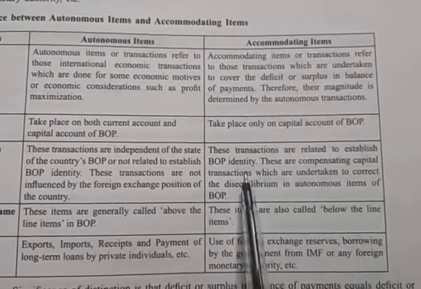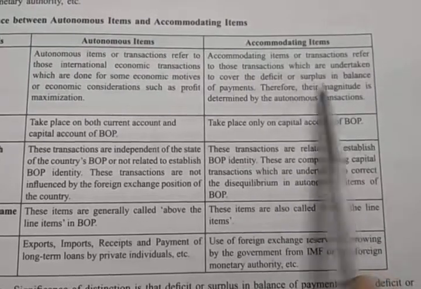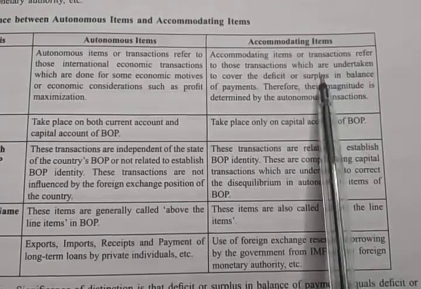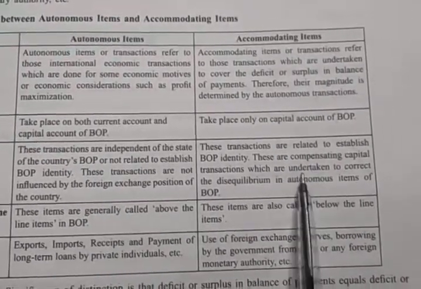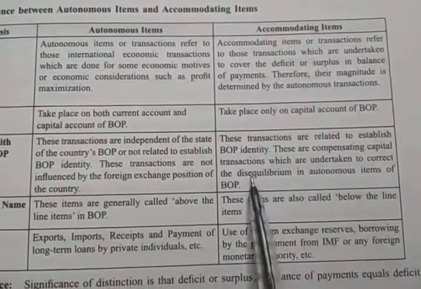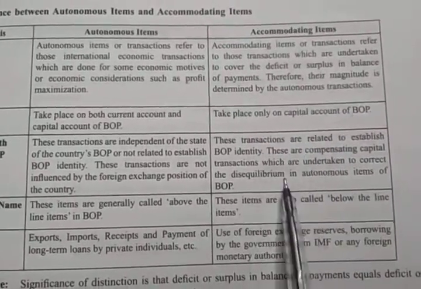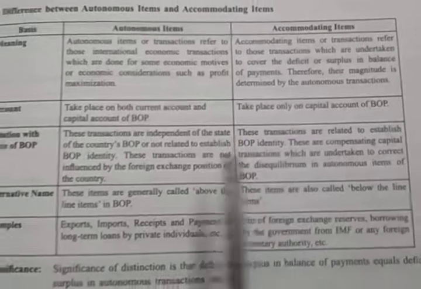Their main motive is to come into the BOP just to cover the deficit and surplus, whereas autonomous items are totally free from the deficit and surplus situation. Their main motive is to earn profit, whereas for accommodating items the main motive is to balance. Whenever there is a disequilibrium in the autonomous items, the accommodating items always enter the BOP to balance it.